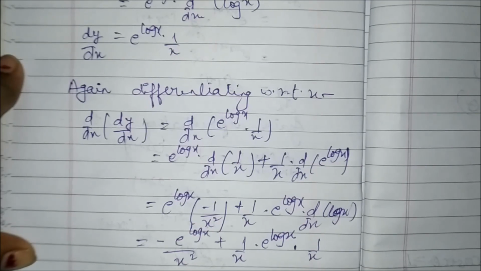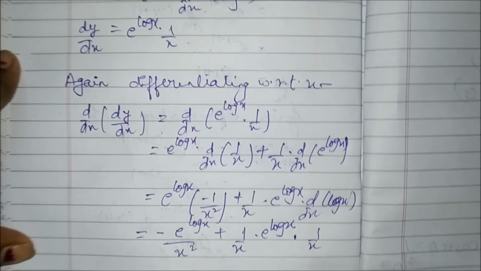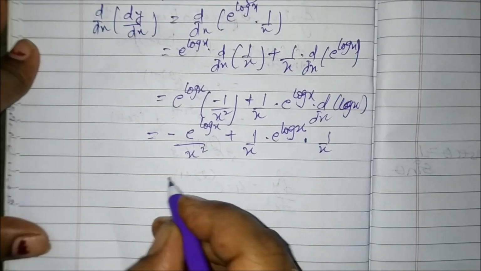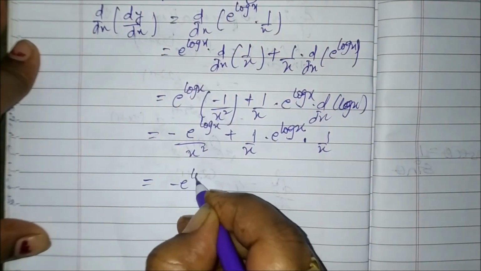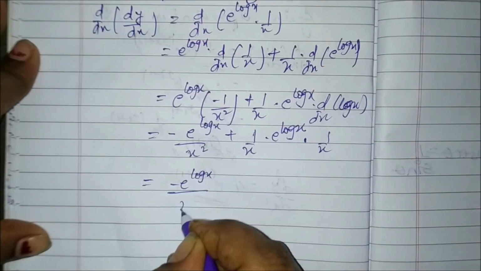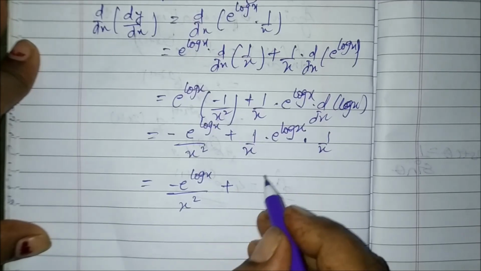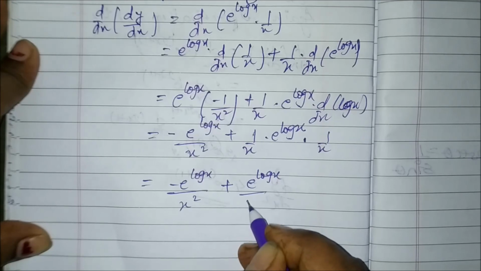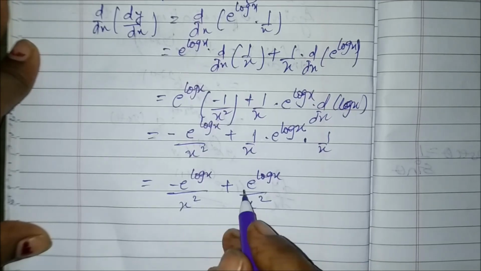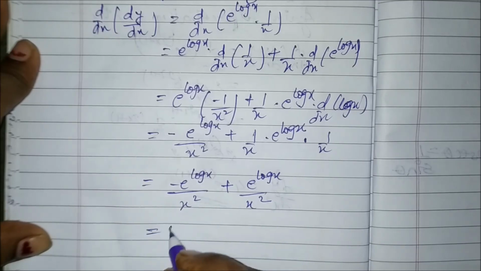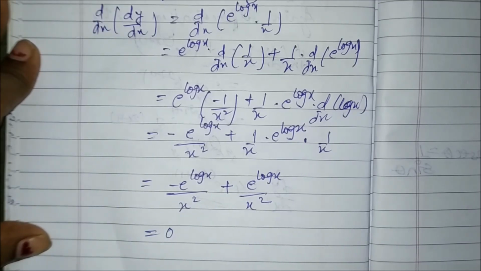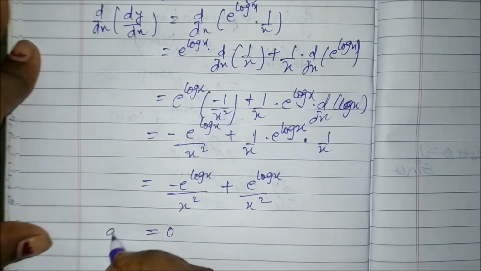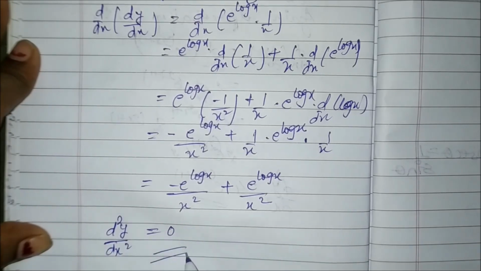So minus e raised to log x upon x square plus e raised to log x upon x square. Since both the terms are same but of opposite sign, we get the answer as 0. So its second order derivative is 0.